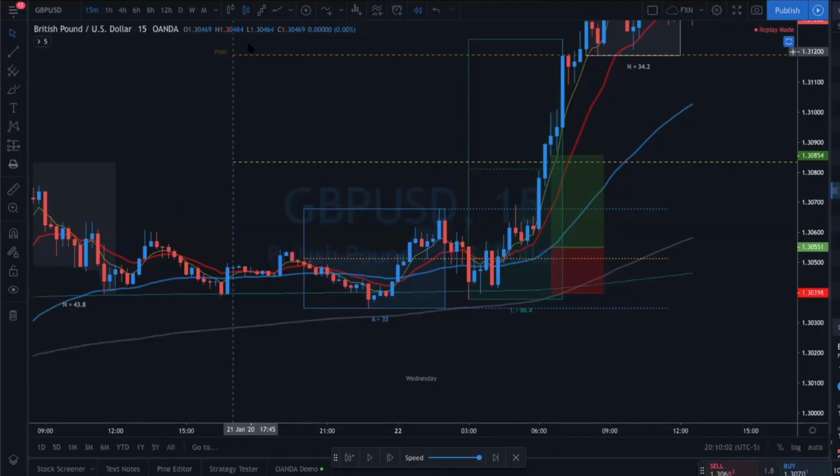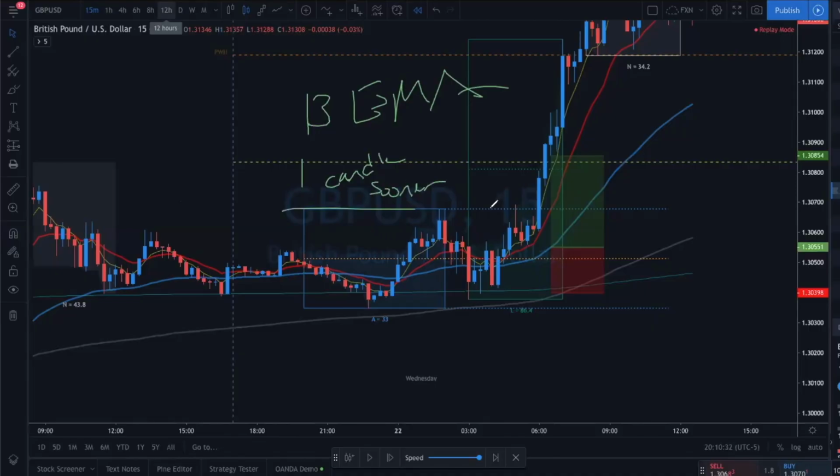But on average, if you do a 13 EMA close, meaning you wait until price closes above the 13 EMA on a second leg, typically you can get into the trade one candle sooner. That's what I found over the last year.